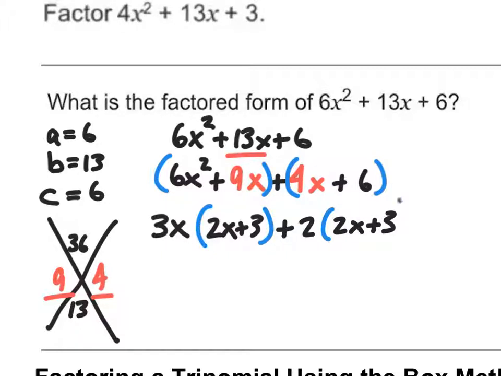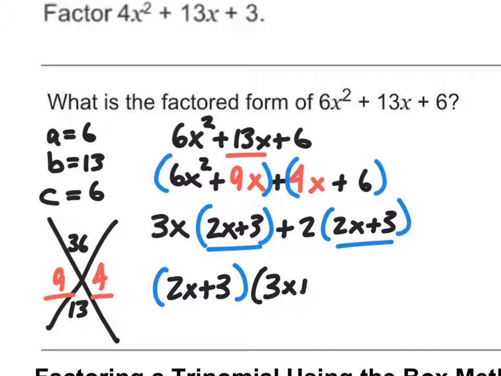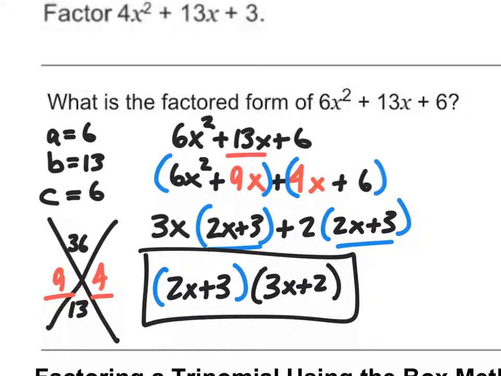So I have a common 2x plus 3, so this is going to work. If I factor out a 2x plus 3, then I'm left with a 3x plus 2, and that's my answer. That's in factored form.